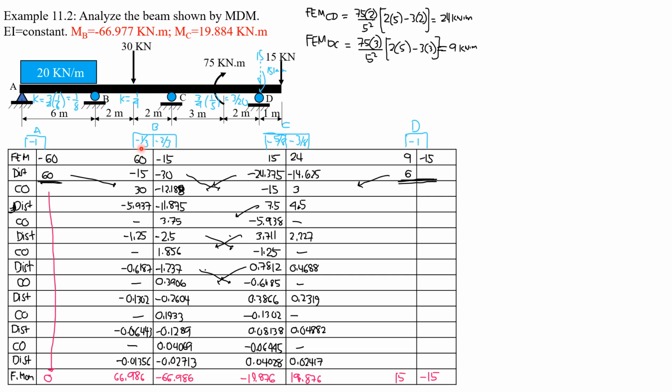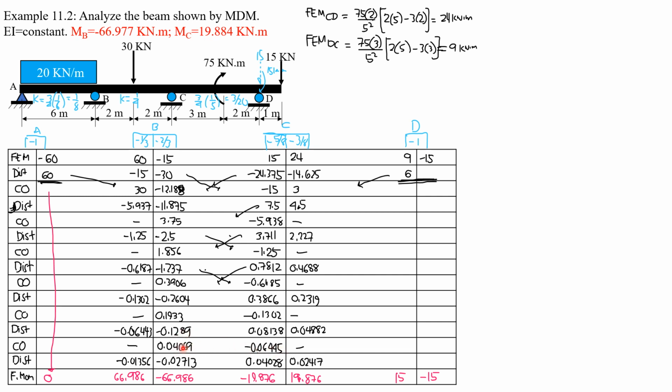0.1933 times negative 1/3, distribute, negative 0.06443. 0.1933 times negative 2/3, negative 0.1289. Negative 0.1302 times negative 5/8, that's the value. Then negative 0.1302 times negative 3/8, that's the value. Carry over next, so none. Half of 0.08138, that's the value. Half of negative 0.1289, that's the value there.